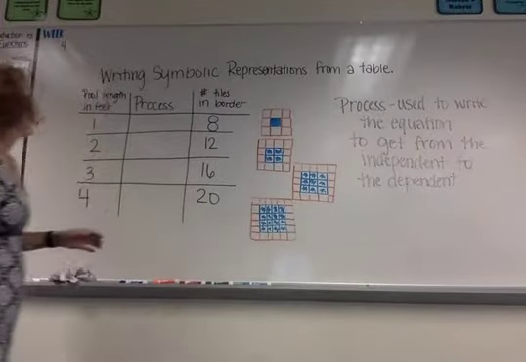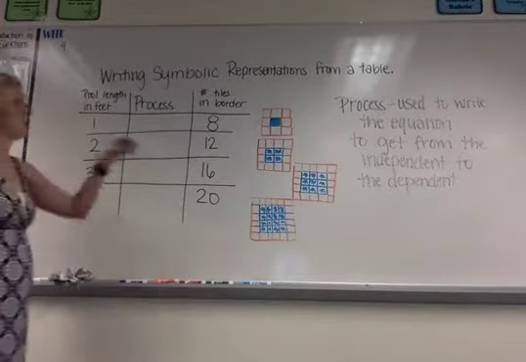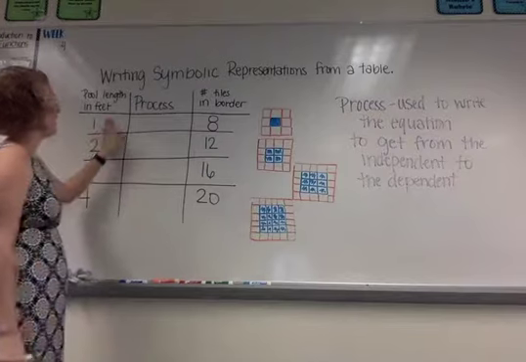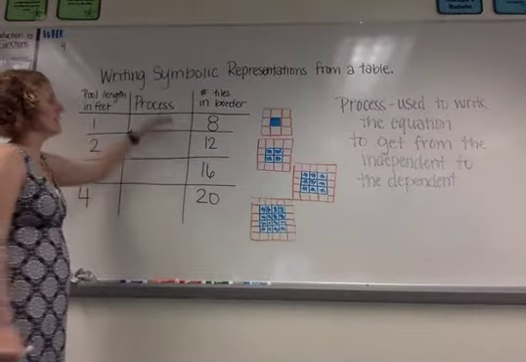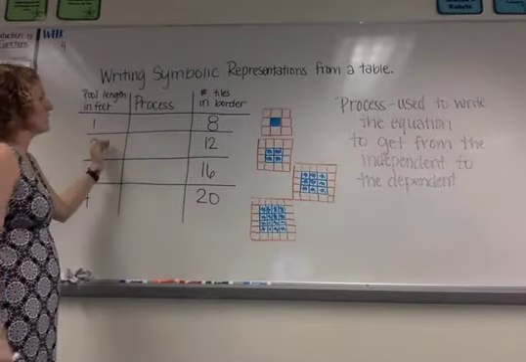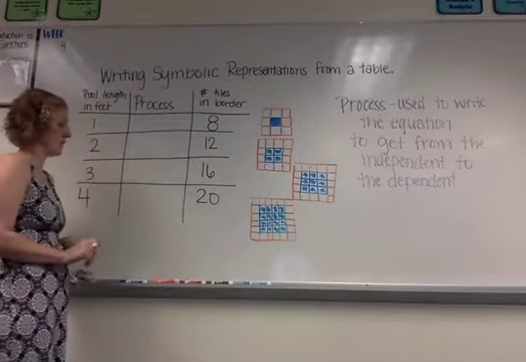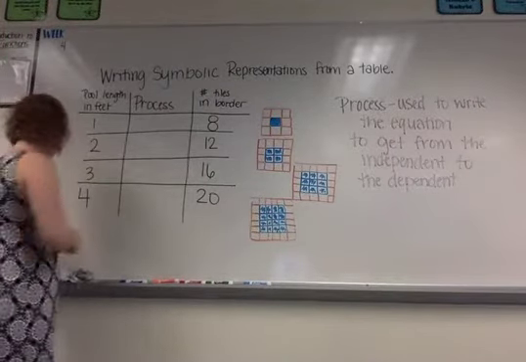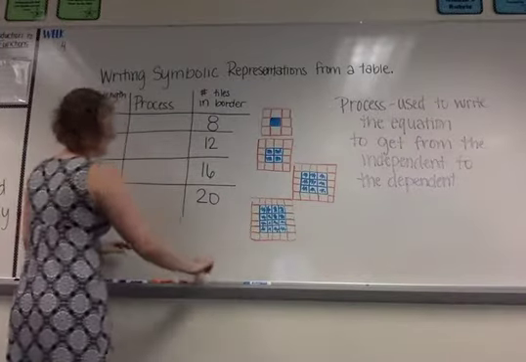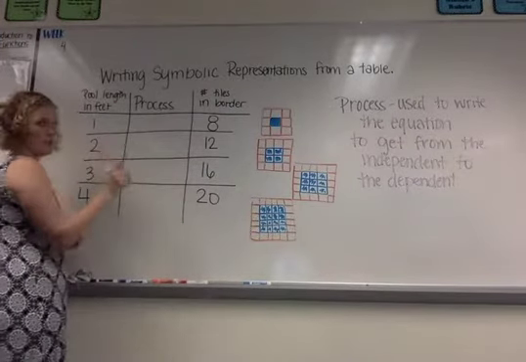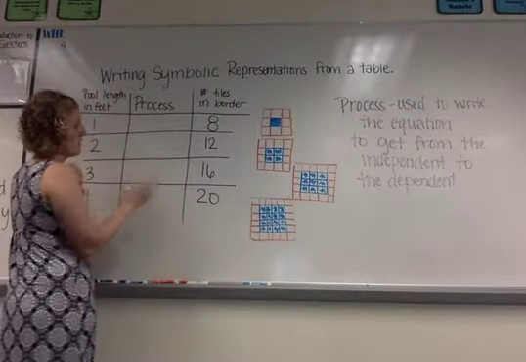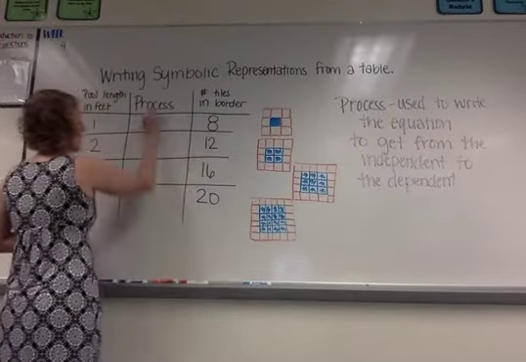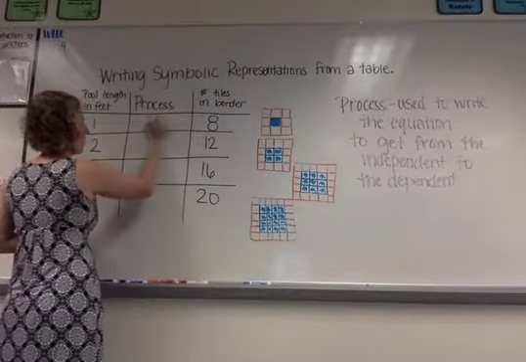Mathematically, you can pause it if you are still writing that. Mathematically, how do you get from 1 to 8? And it needs to be the same thing that gets you from 2 to 12 and 3 to 16. I'm going to be erasing, so make sure you do this part in pencil if you normally use pen. I could say 1 times 8.